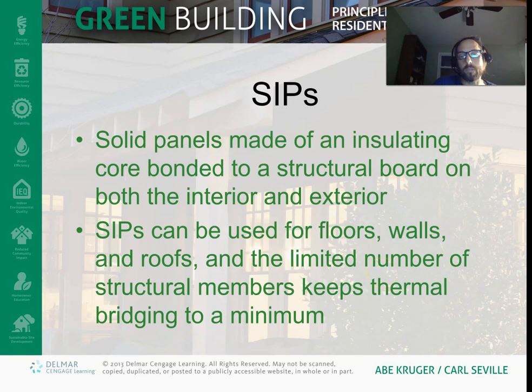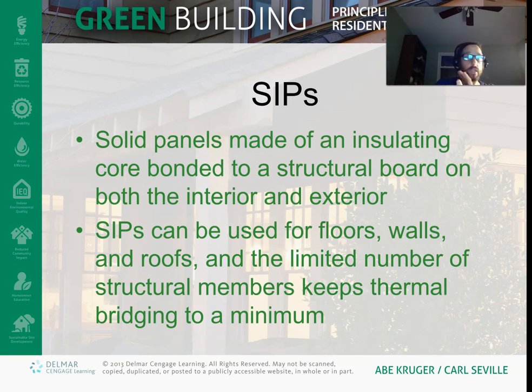Structural insulated panels are, in terms of manufactured components, fairly common, and they're basically like a foam sandwich. You have wood on the outside, sandwiching a piece of foam. It's insulated all the way around, so there's no thermal bridging.